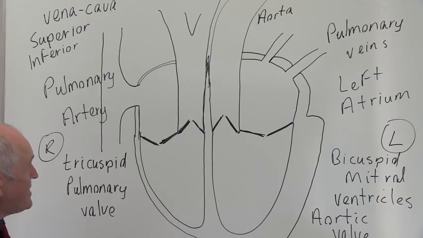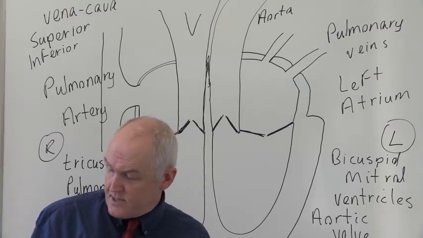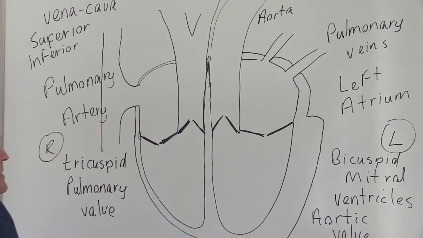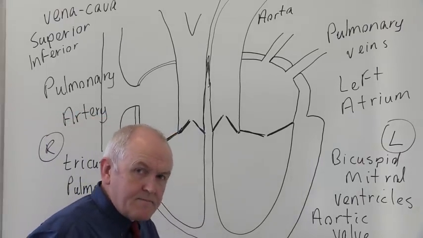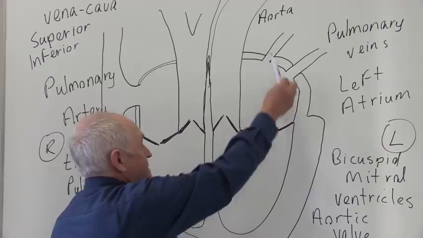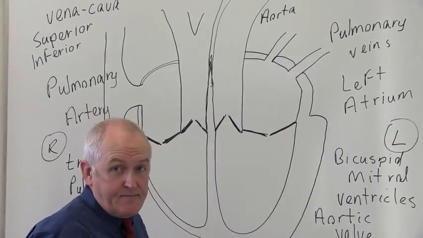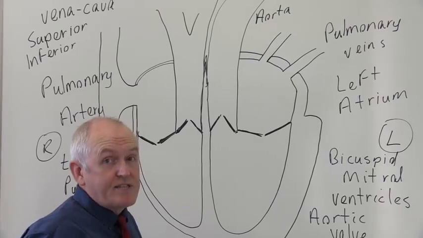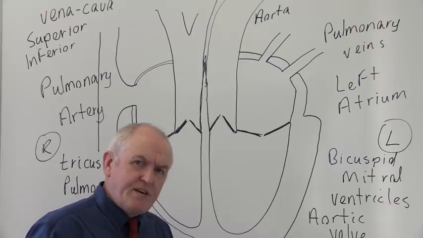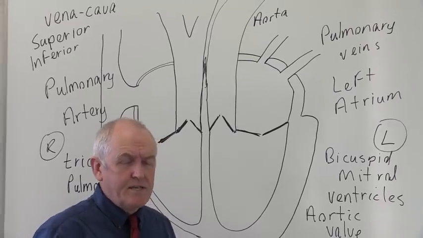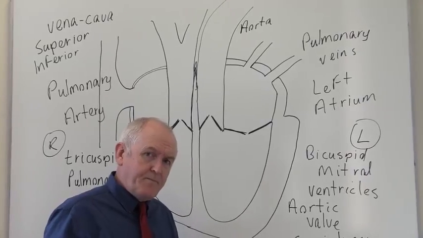So what we can actually do now is start to describe the flow of blood through the heart. Now, the blood coming back from the lungs is going to come back in the pulmonary veins, and this blood is oxygenated. If you do an oxygen saturation test on yourself, you'll probably find your oxygen saturations are about 98 or 99%, anywhere between 96 and 100%.